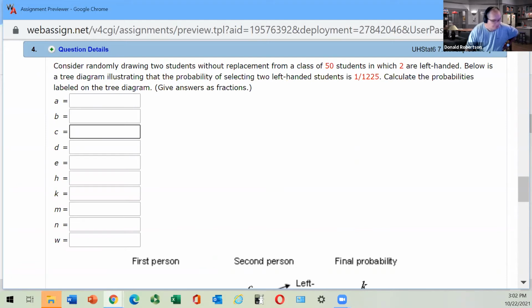Okay, so I'm going to now leave that and look at how I would create the tree diagram. I'll try and create it the same way that they have, so my A's and B's all match up. They use a phrase here that's quite important to these questions, and it's called without replacement.